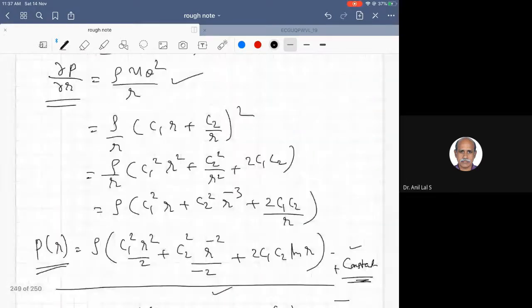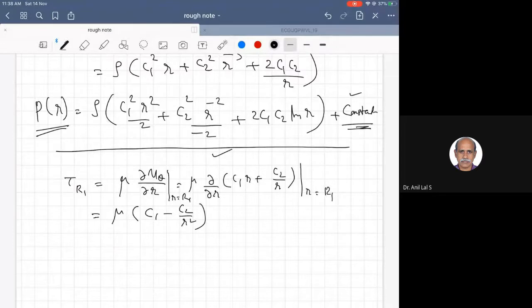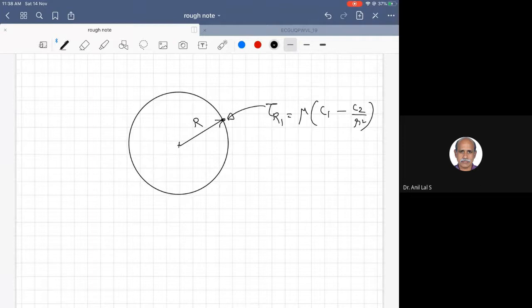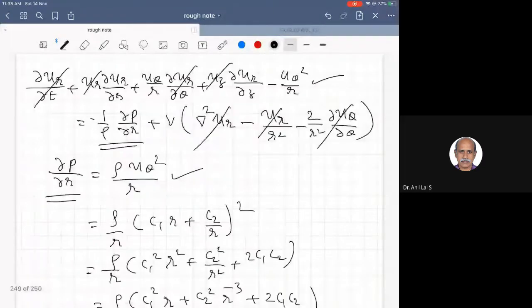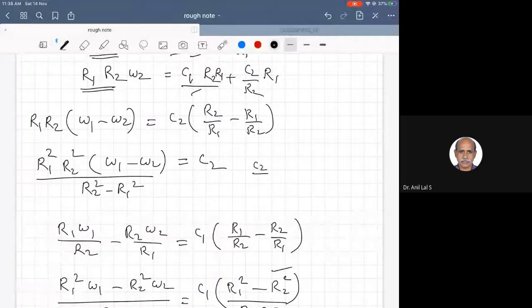We have to substitute R squared as R1 squared, since this is at R equal to R1. So C2 by R1 squared can be substituted. What is C2 by R1 squared?